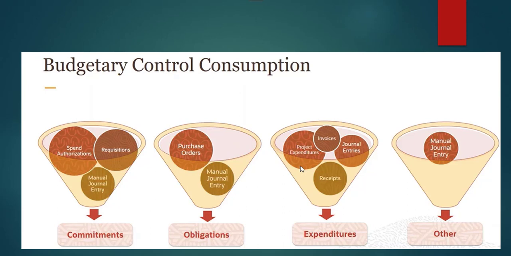Any other encumbrance type goes to this other balance. So when we create a requisition, it is a commitment. When that becomes a purchase order, it is an obligation. And when we match our invoice to our purchase order, it is an expenditure. So it flows through those various balance types.